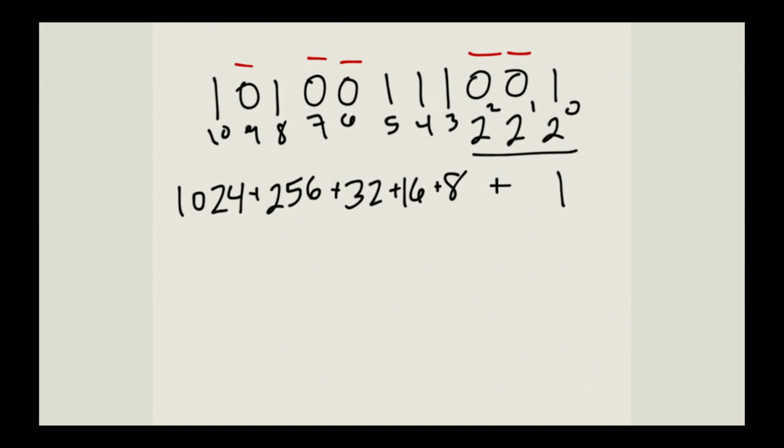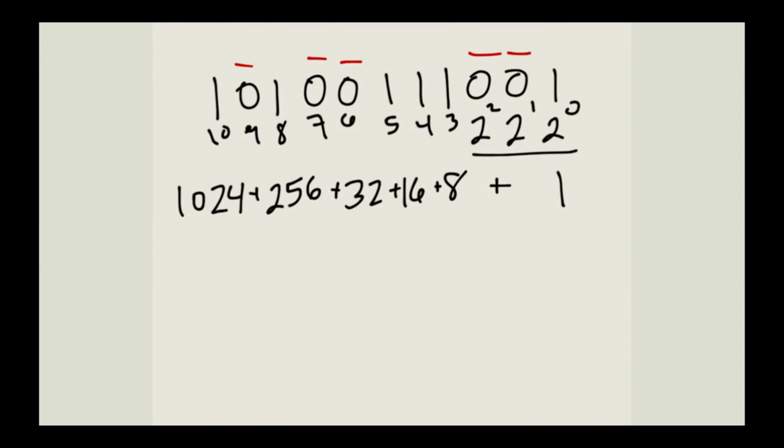So once we've got these numbers, we can just sum them all up. And this is where it's really important to do a couple of things. One is go slow and check your work. You can tell that there's a 1 at the end of this number, so I should definitely get an odd number as my result, because all the other ones are going to be even numbers, given that it's a binary number.